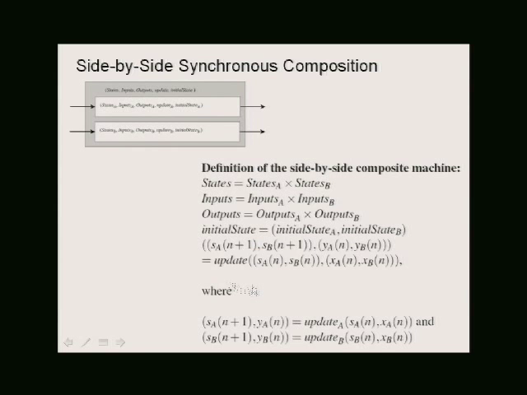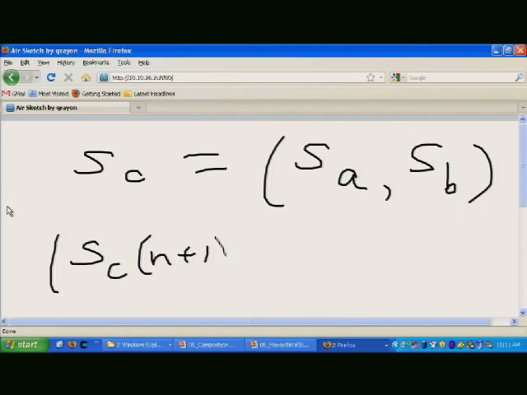And so what the update function does is it defines what S_C at n plus 1 and the output of C at n plus 1 are going to be in terms of the state at time n and the input at time n. I'm sorry, the input at time n. That should be I.